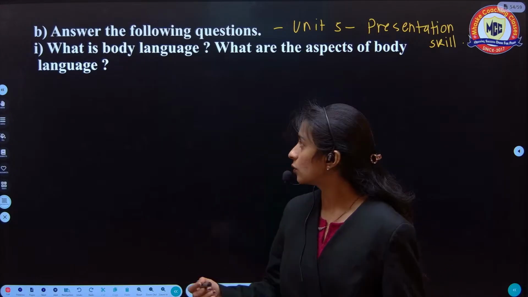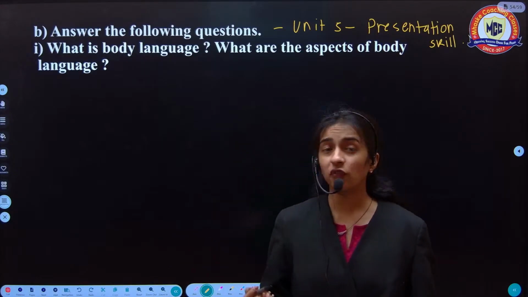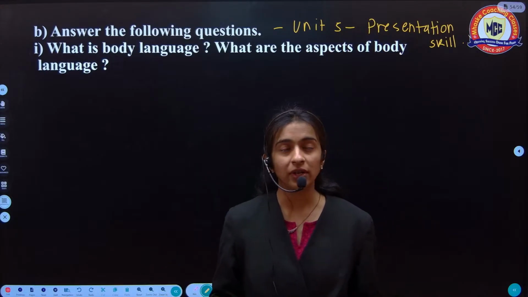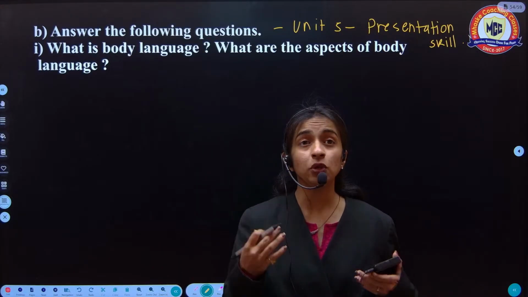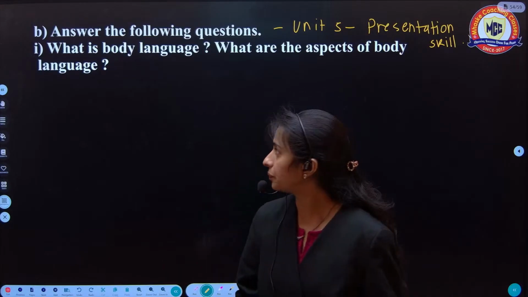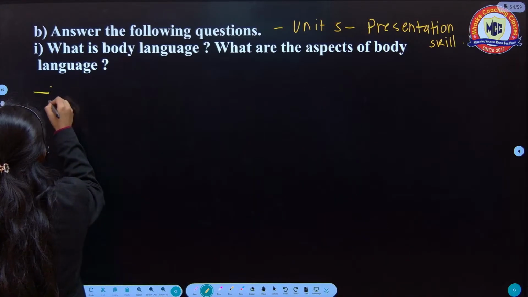Okay, so the aspects of it we will write in a descriptive way, but what we mean by body language is basically the way you present yourself to the audience or to someone. So we'll quickly write this down.